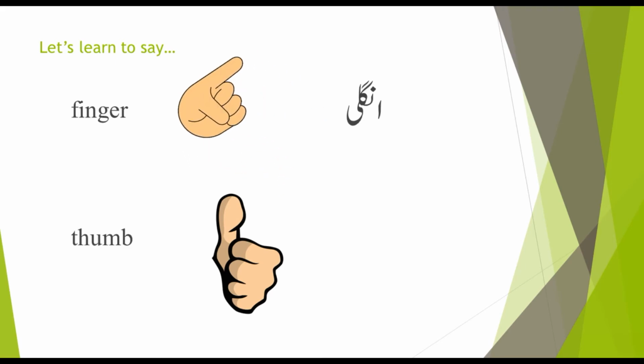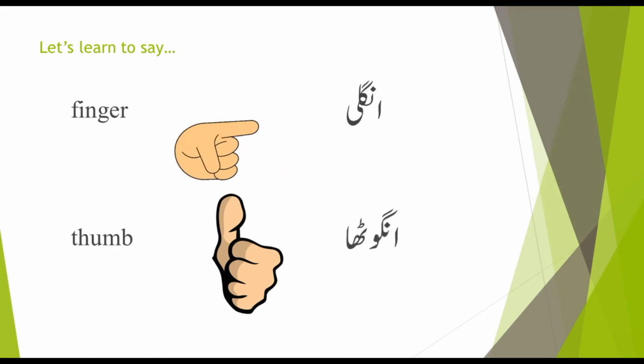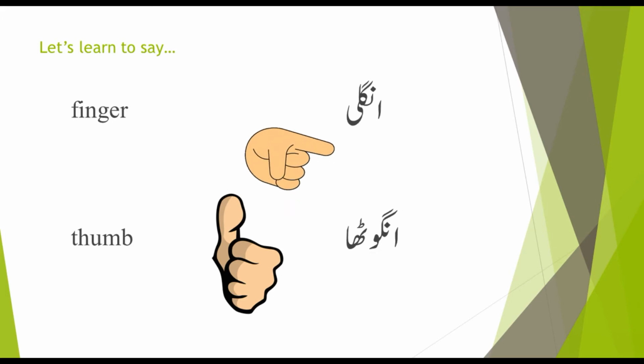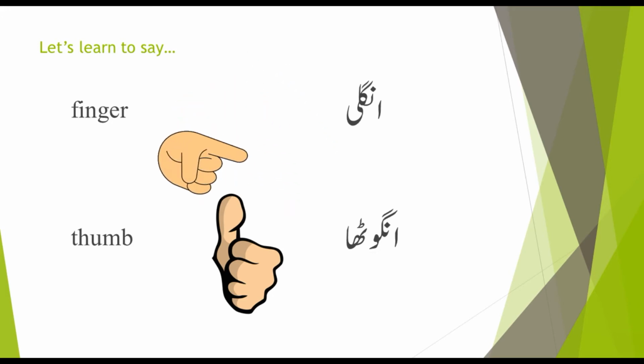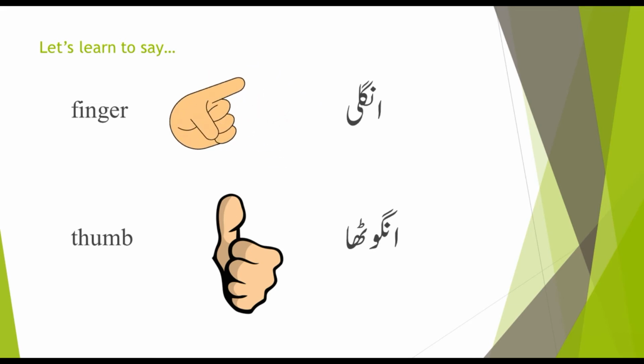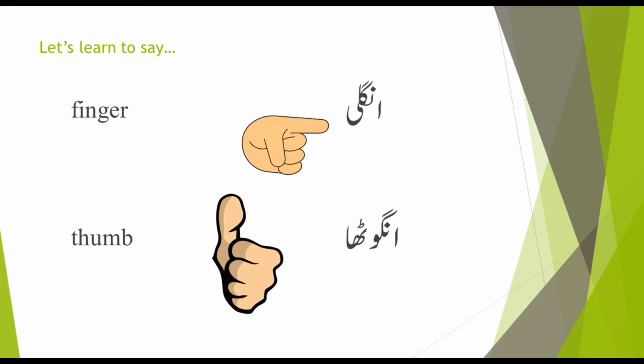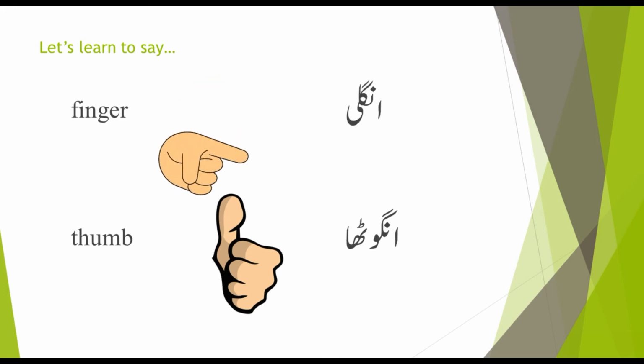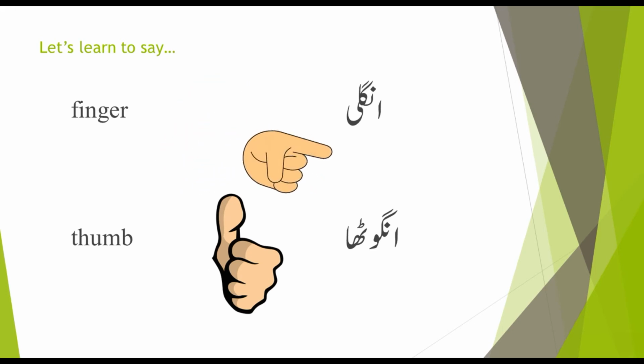In English, we say thumb, and in Urdu, angutha. Let's repeat one more time. In English, finger. In Urdu, ungli. In English, thumb. In Urdu, angutha. Repeat many times for practice.